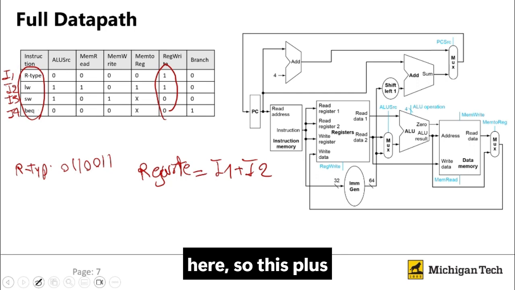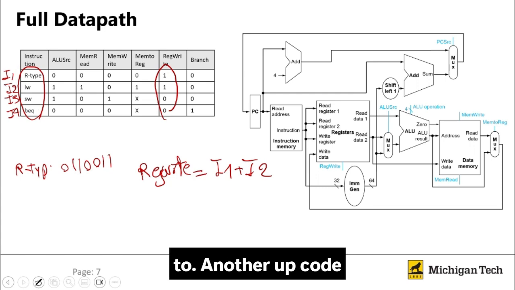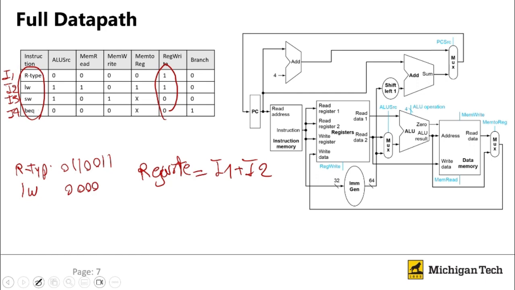So this plus this. We call that I1 and I2. Why didn't we write that? Because I1 corresponds to this and I2 corresponds to another opcode, for example for load, we consider 0000011.